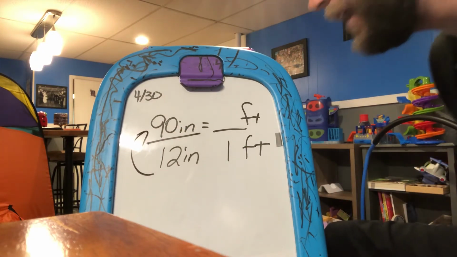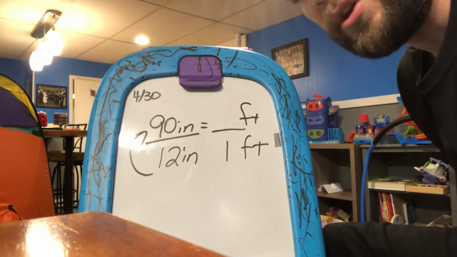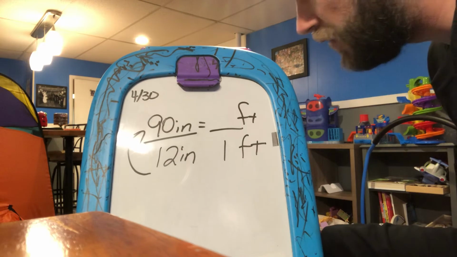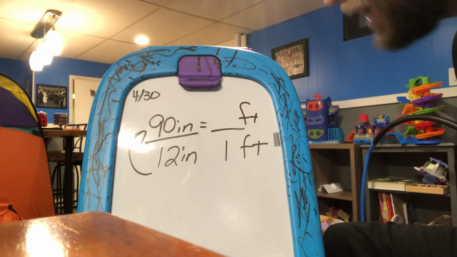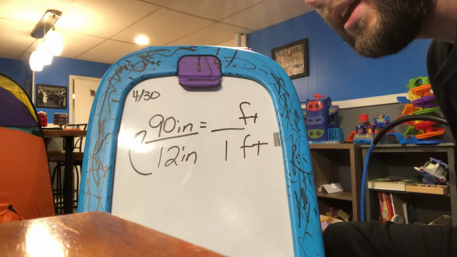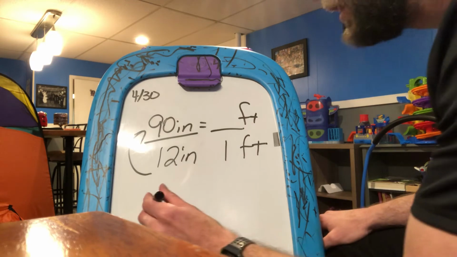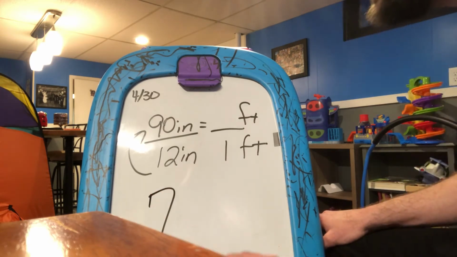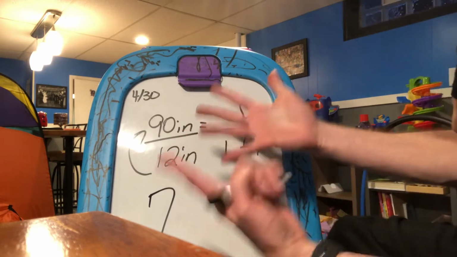Well, we know 5 times 12 is 60. So let's count from there if you don't remember all your 12s. 6 times 12 would be 72. 7 times 12 is 84. And we can't go higher than that. Okay? We still have 85, 86, 87, 88, 89, 90 left.